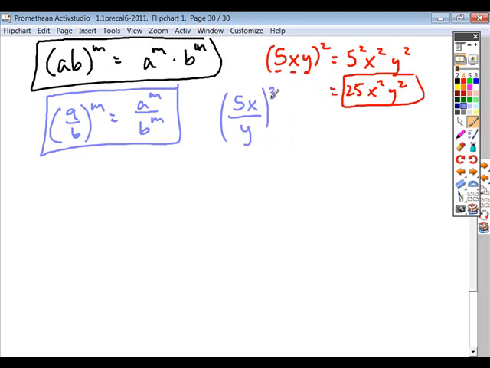So if this is the number that we're looking at, this power of 3 applies to every individual base, whether it's numerator or denominator. So it applies to the 5, applies to the x, applies to the y, and then again simplifying, 125x cubed over y cubed would be the simplest form when you evaluate it.